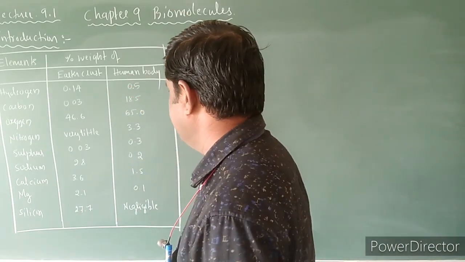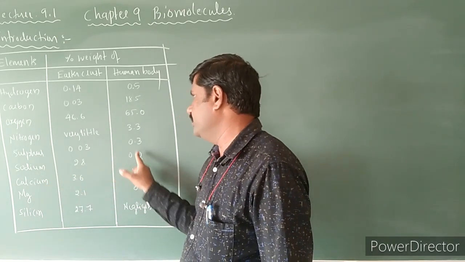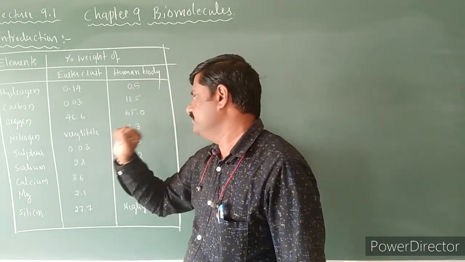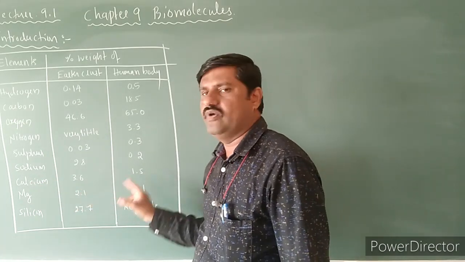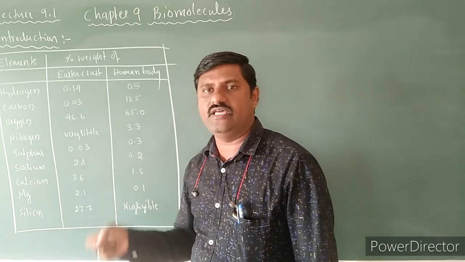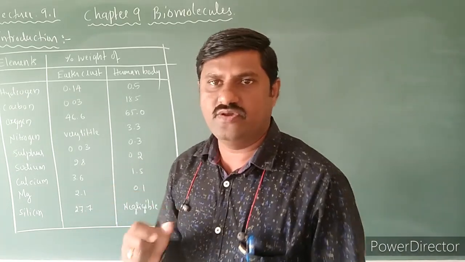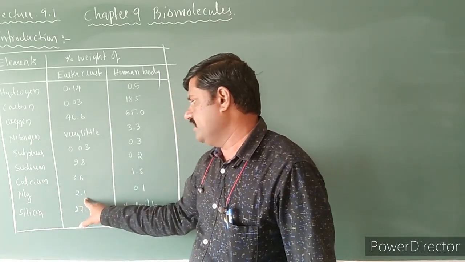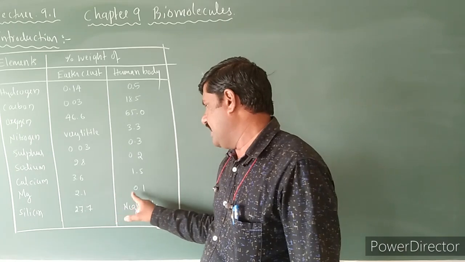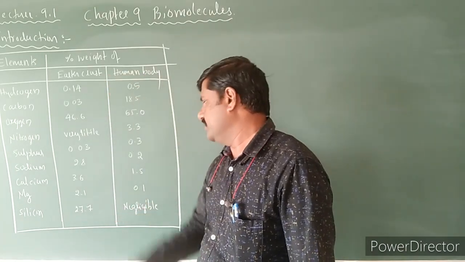Right? It is present. In the same way, sodium is 2.8 in the earth crust and 0.2% in the human body. And calcium is 3.6, and it is about 1.5 in the human body, which mainly makes the endoskeletal system of the human body. Right? Next one, magnesium is also there, 2.1%, and it is 0.1% in the human body.